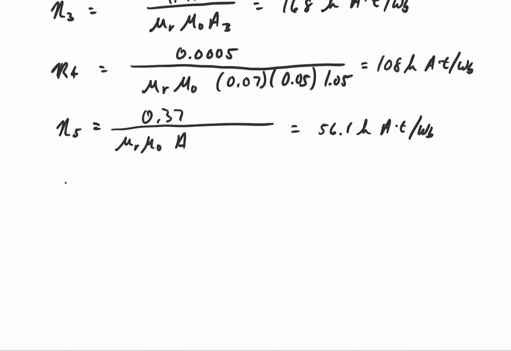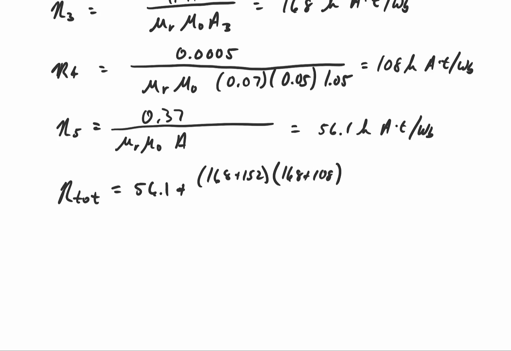and write my R total. I can plug those values in and get my R total, which is equal to 56.1, these are all thousands, plus 168 plus 152 times 168 plus 108 divided by 168 plus 152 plus 168 plus 108.